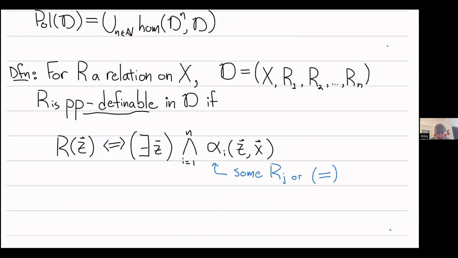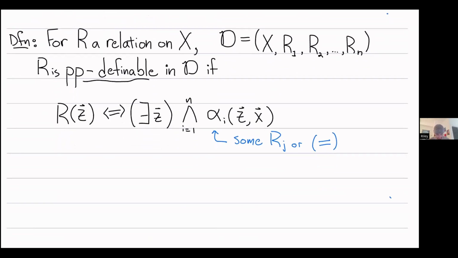A point I will emphasize because it comes up later. So if R, maybe some ternary relation, can be PP defined in a structure D, we can replace every instance of R with some constellation of relations that come from D, maybe some equations, and maybe we need to also add in some dummy variables. So PP definability says that we can replace R anytime we see it with some constellation of stuff that comes from D.